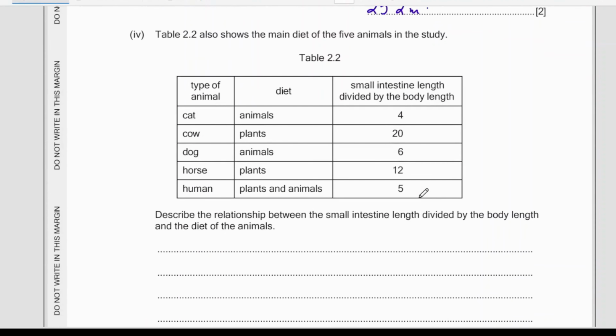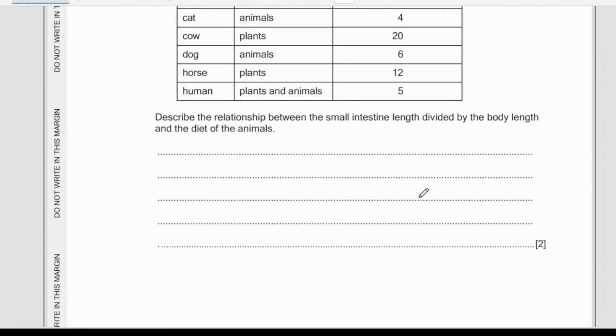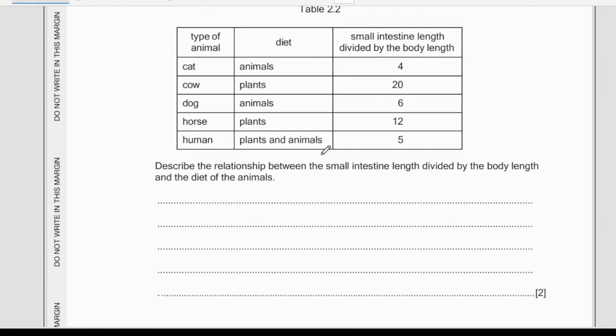Describe the relationship between the small intestine length divided by the body length and the diet of an animal. If an animal is eating this and this, what is the effect on the length? Let's say small intestine length divided by the body length is more in the animals which feed on plants as compared to the ones which feed on animals.